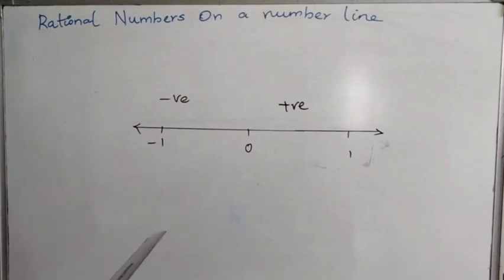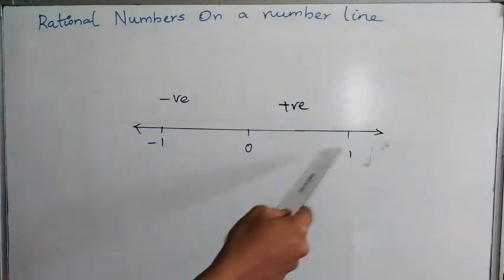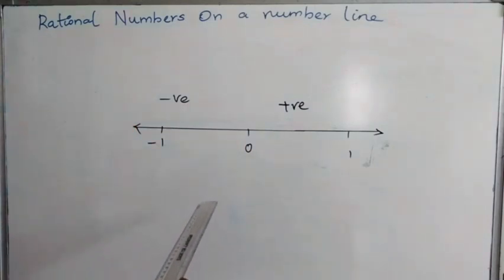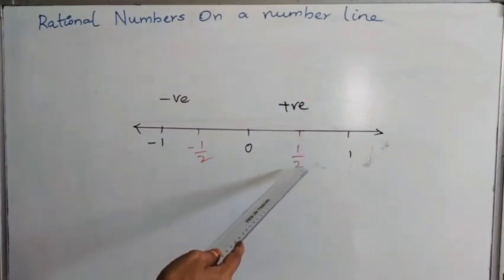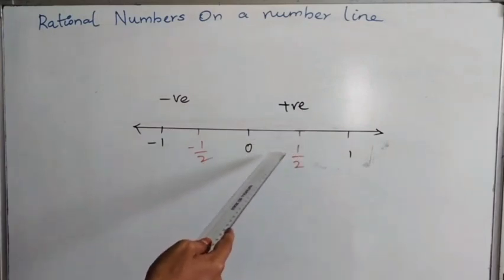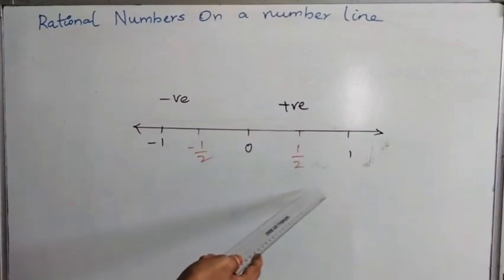So the rational numbers we have to represent on the number line. How do we represent them on the number line? Listen carefully. We have to draw in the same way. 1 by 2 is a rational number. It is a positive rational number. It lies to the right of 0, 1 by 2.